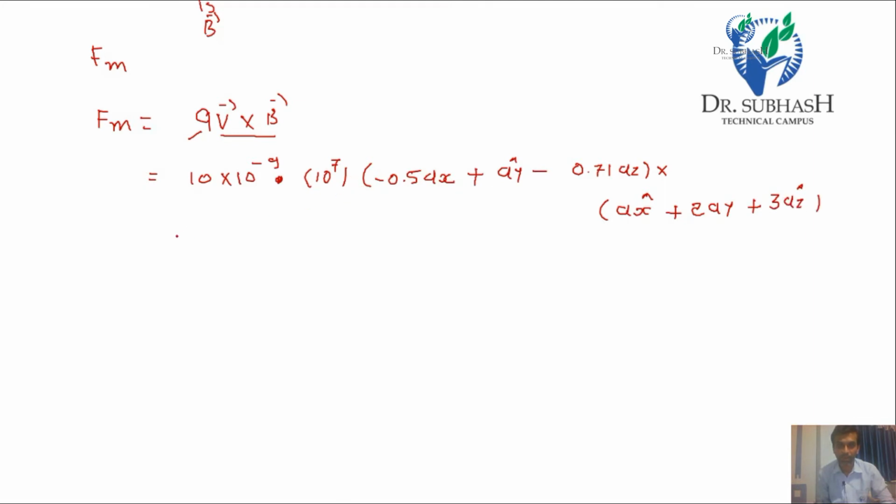First of all we multiply the scalar quantities, so we get 10^7 into 10^1, which means 10^8, times 10^−9, so we get 10^−1, and the cross product of the two vectors, which is (−0.5 ax + ay − 0.71 az) × (ax + 2ay + 3az).